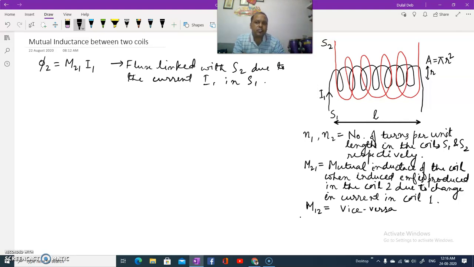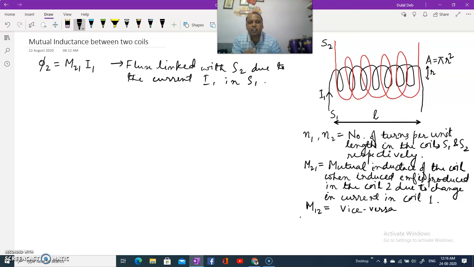So that's why M21. The current is in the first coil S1, so it is I1, and the flux linked we are considering in the second coil S2, so it is given by phi 2.